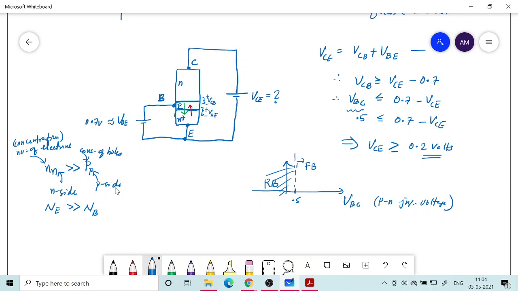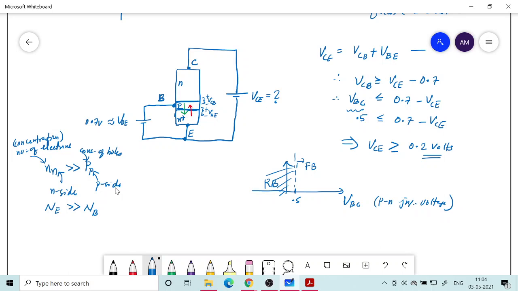You can approximately take, for an n-type semiconductor, the number of electrons as the concentration of the n-type impurity that you dope in, and the concentration of holes in the p-type material is equal to the concentration of the acceptor impurity that you dope in. Since it is base, I will denote it with Nb, and E for emitter.